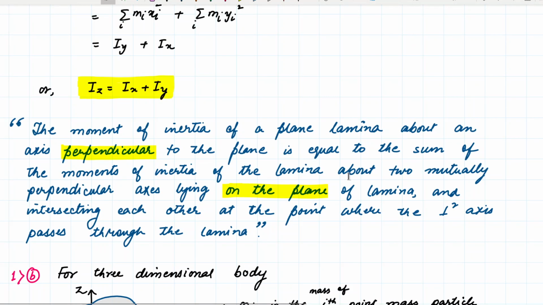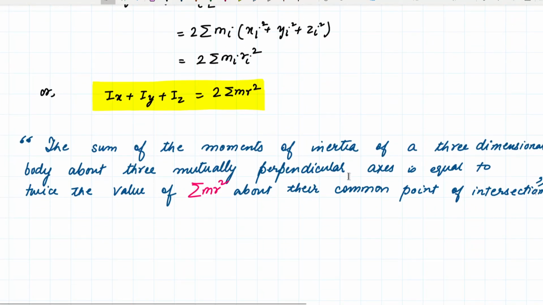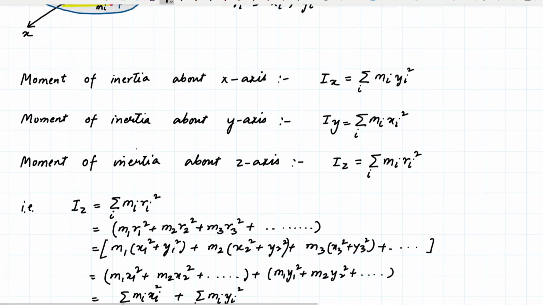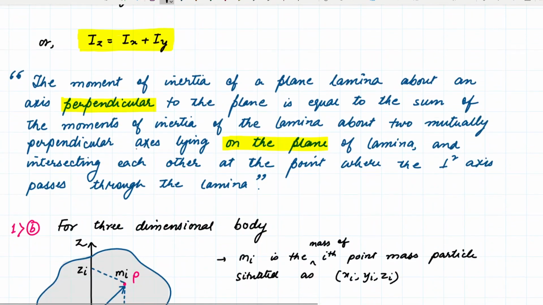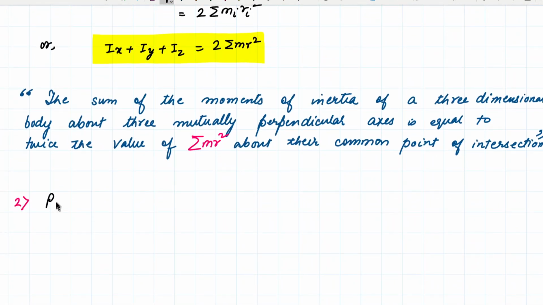This was for plane lamina. This is for the three-dimensional body. All right, this is clear. Yes sir. All right. So the next is something that you probably already know. So this is the perpendicular axis theorem. The next is the parallel axis theorem. Do you know what the parallel axis theorem is?